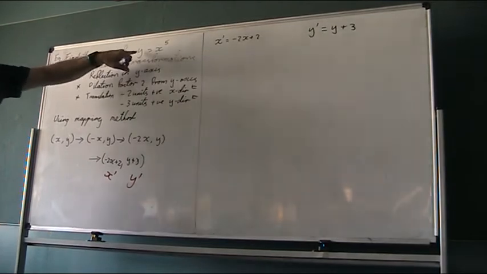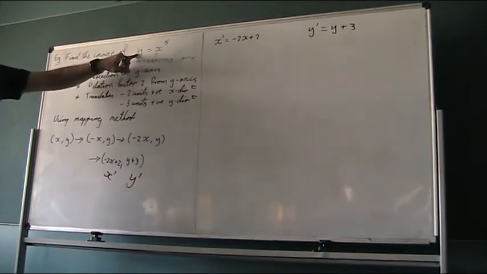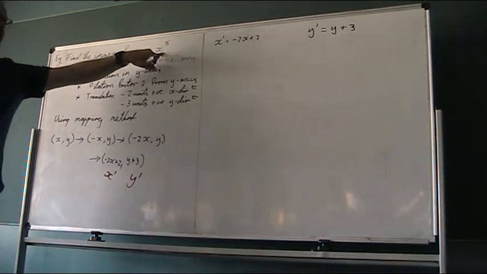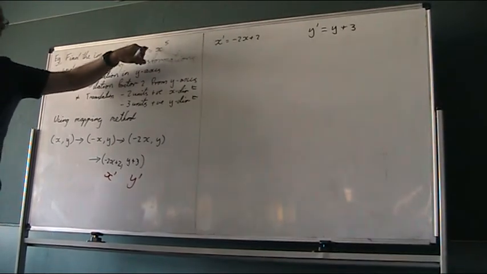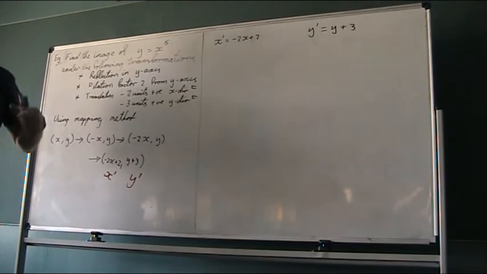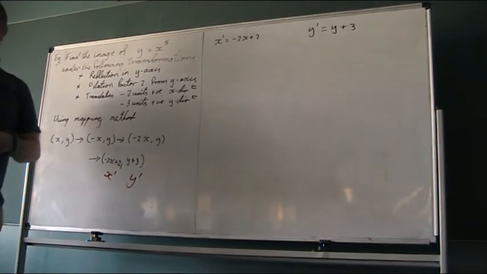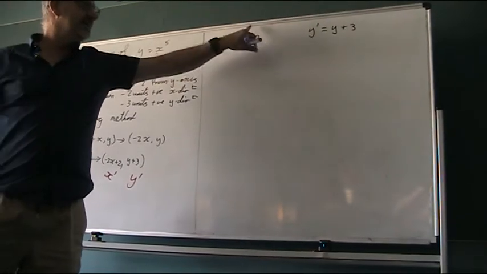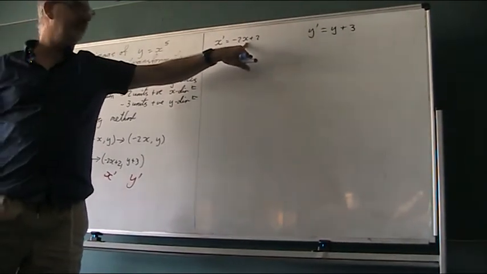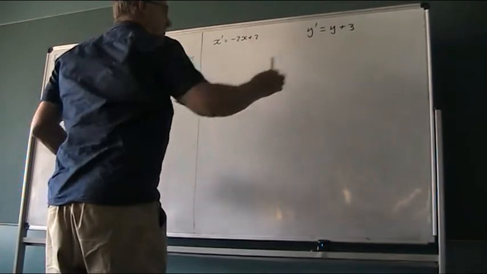Here's our original, y equals x to the 5, so this is the original y and the original x. So with our mapping, we will need to replace our originals by something which has the image in it. So we need to rearrange this to get x by itself, and the same here with the y.